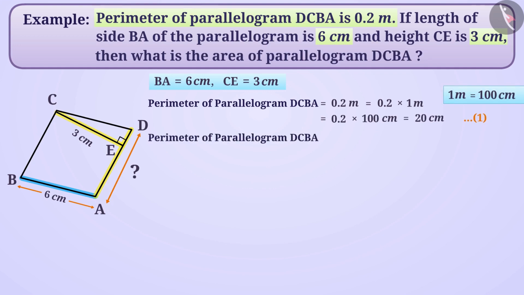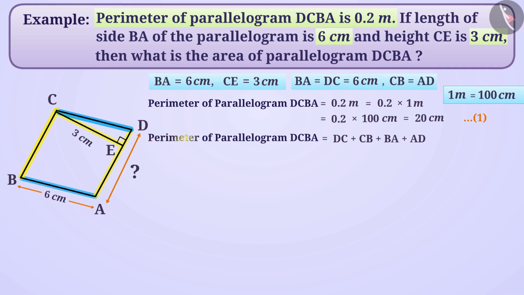Here, perimeter of parallelogram DCBA is equal to DC plus CB plus BA plus AD. In parallelogram, measures of opposite sides are equal. Therefore, here BA is equal to DC is equal to 6 cm and CB is equal to AD.